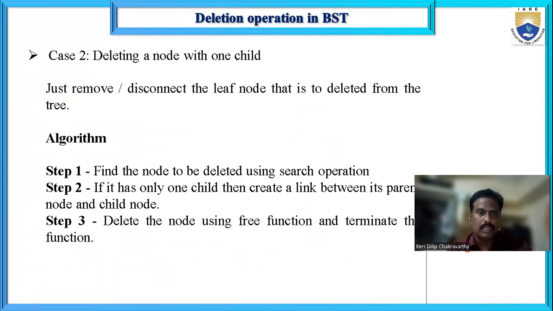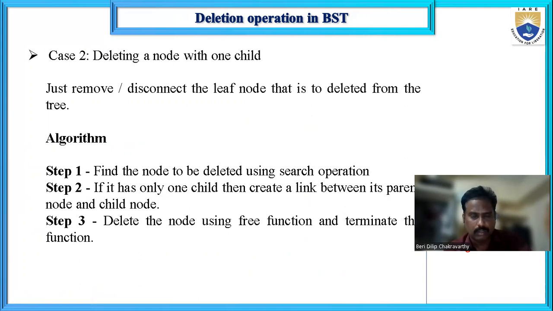Second case, deleting a node with one child. Suppose there is one child to the node I am trying to delete. At that time, remove that node, and the child should take its place. You should give the link between the child and the parent.